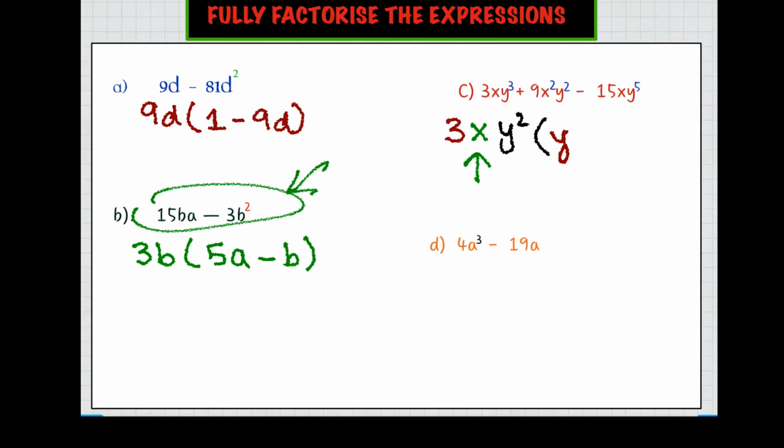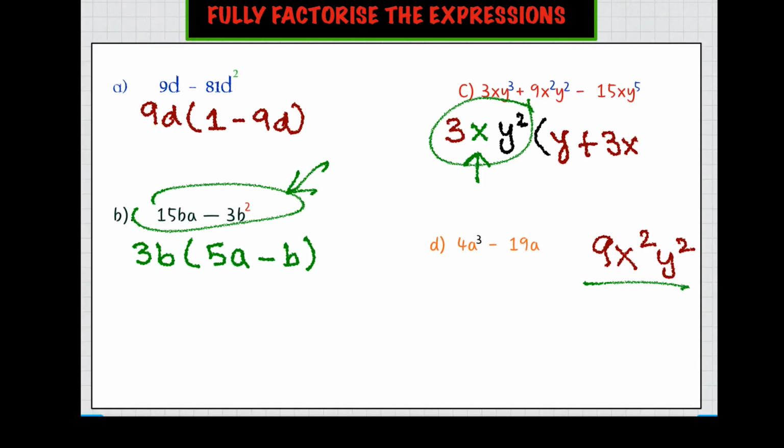Then for the second term, before you write, please write down the sign plus. It's going to be 3x, just 3x. Why just 3x? If you have 9x squared y squared, we divide it with 3xy squared. So when you divide it with 3xy squared, 9 divided by 3 is just 3.